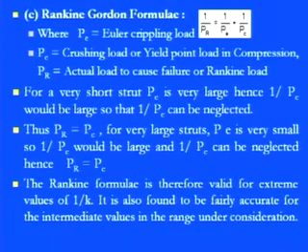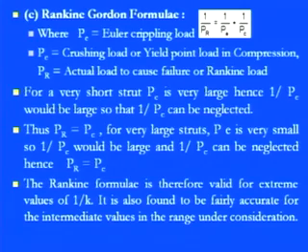So for a very short strut, where PE is very large, 1 by PE would be small, so that 1 by PE can easily be neglected in that term, because we know that 1 by PC is always an important feature in general cases.